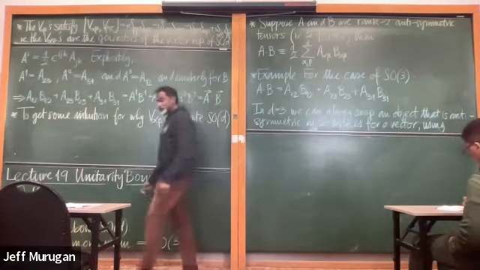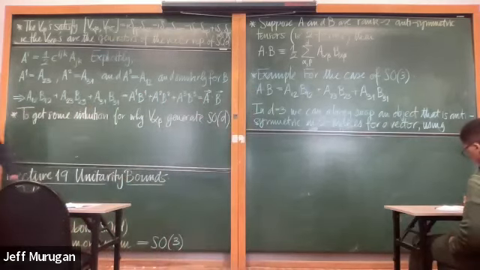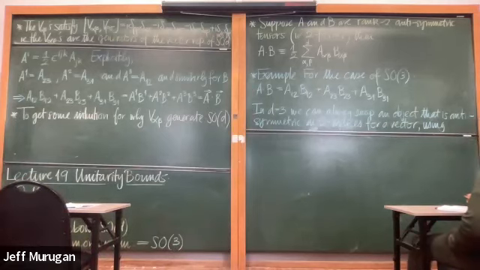Let's consider rotations in 3 dimensions. In particular, if I have 3 directions, 1, 2, and 3, I want to make a rotation about the 1 axis.